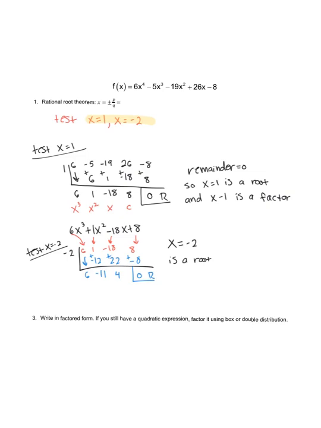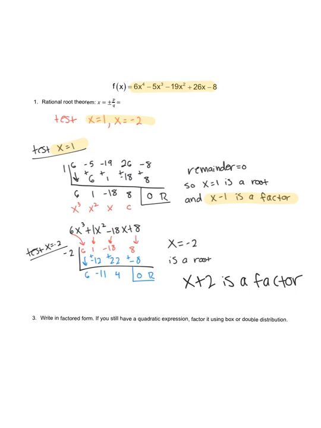So going back to yesterday, if I tested x equals 1, that means that x minus 1 is a factor of this polynomial that's up here. x equals -2 is a root, which means that x plus 2 is a factor of that polynomial that's up there.